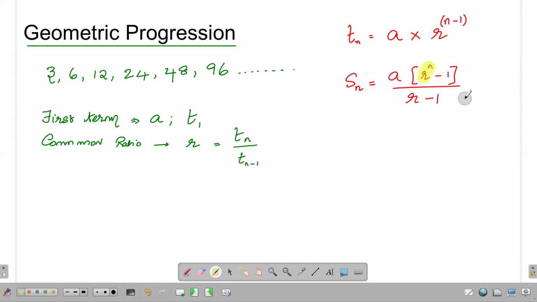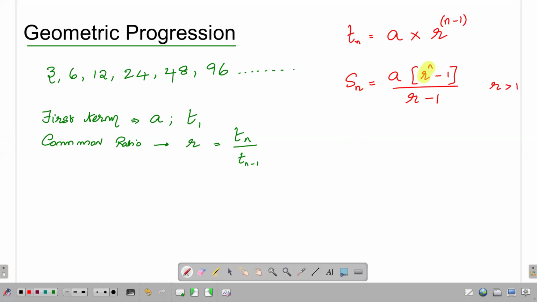It's not r raised to n minus 1, like what you see here. It's not in this way you have to interpret it. It is r raised to n decremented by 1, upon r minus 1. That is the expression to find the sum to n terms of a geometric progression. But this you will apply when r, the common ratio, is greater than 1.